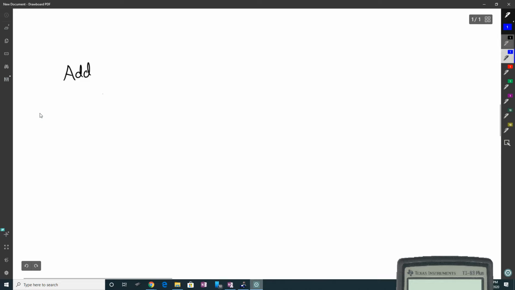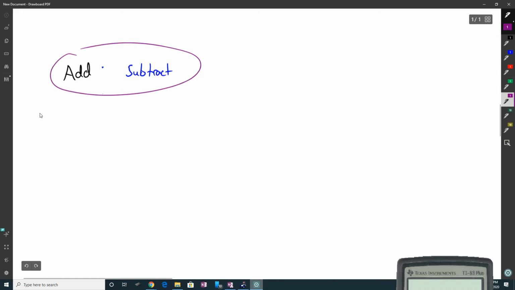So whenever you add, you cancel it out with subtraction. These two are what we call inverse operations. They cancel each other out. Same thing with multiplication and divide.